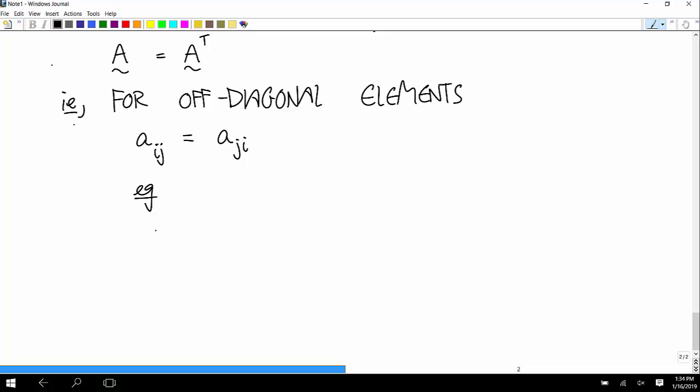So let's say we have the 3 by 3 matrix 1, 3, -1; 3, 5, -4; -1, -4, 3. So here is the main diagonal.